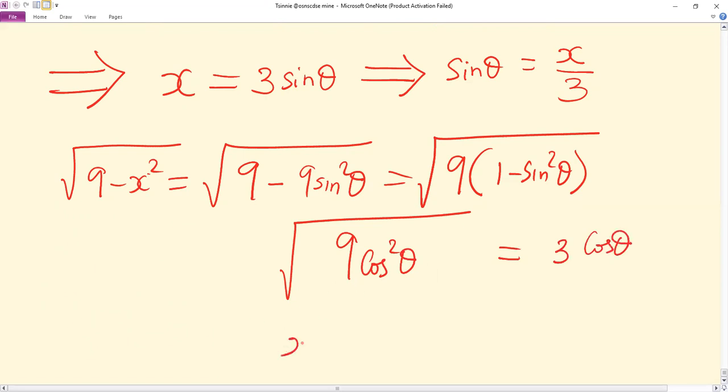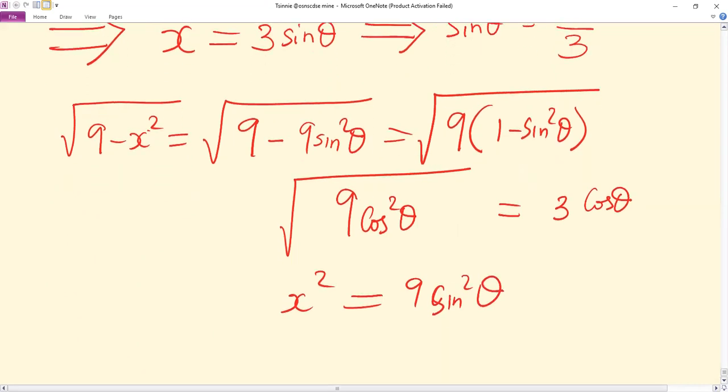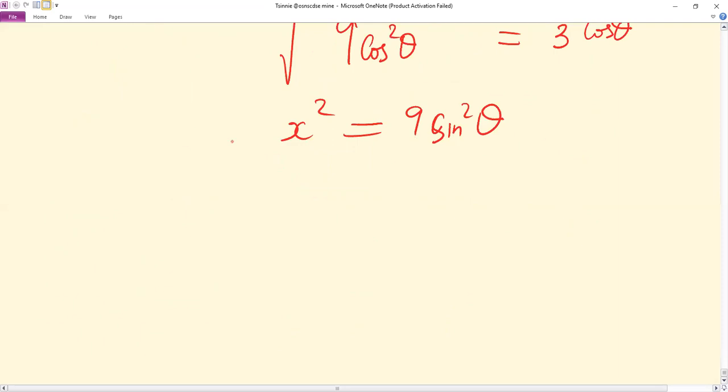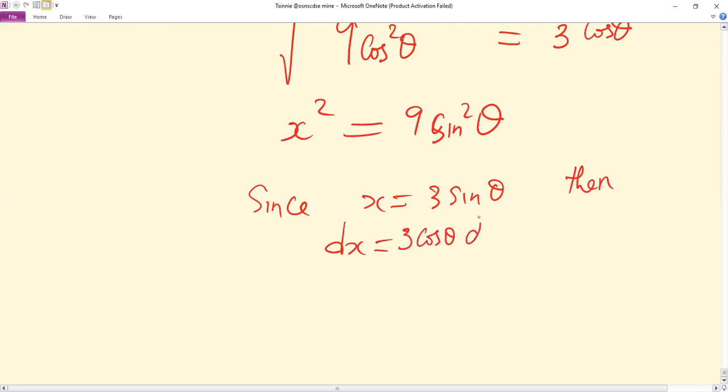And x squared is nothing but 9 sine squared theta. Since x equals 3 sine theta, then dx is 3 cos theta d theta.